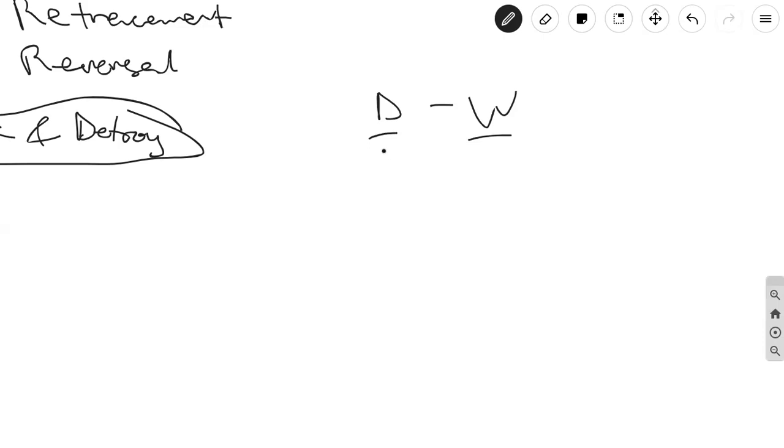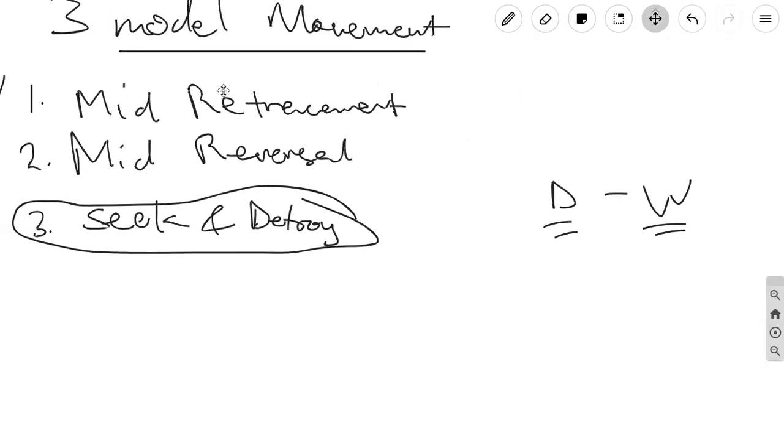If you use it in daily, you will call it midday retracement or midday reversal. If you use it in weekly, you say midweek retracement or midweek reversal.